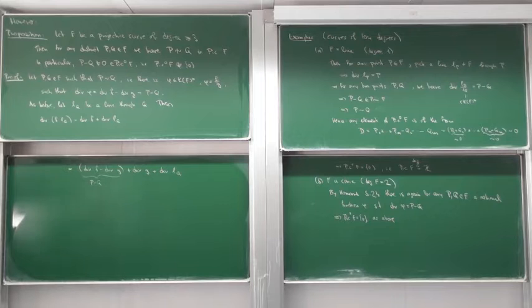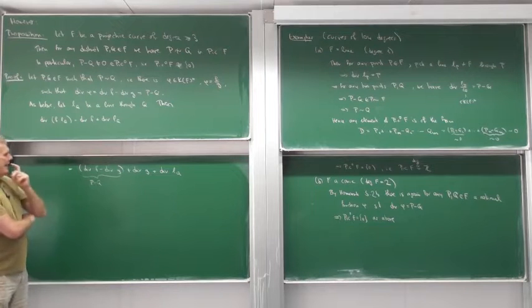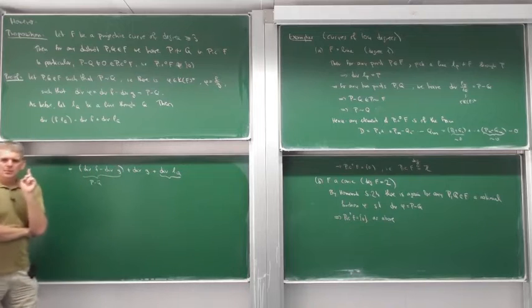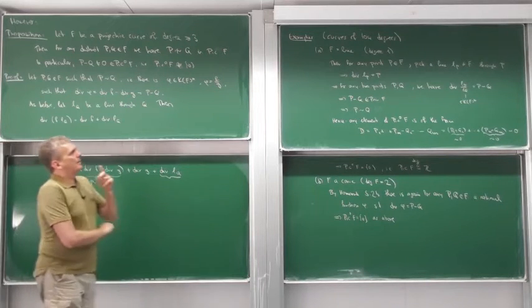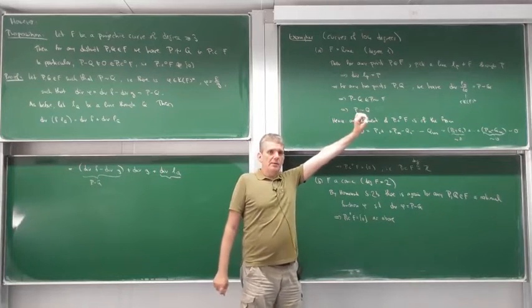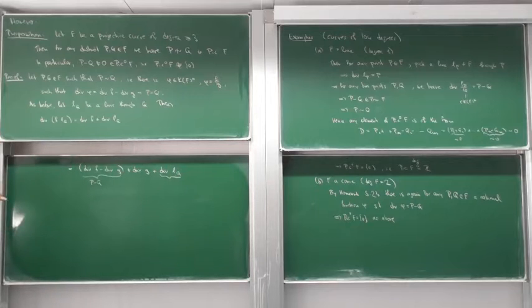The divisor of g is just something. It's an effective divisor, so it contains only points with positive multiplicities, as it's a polynomial and not a rational function. And this L_Q here is a line through Q. But in comparison to the line case here, the divisor is of course not just Q, but the line will intersect the curve in d points. And Q is just one of them.